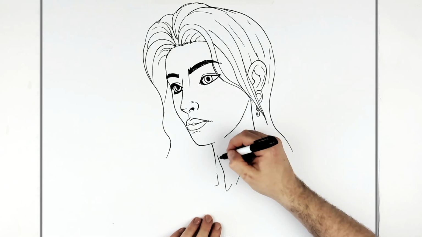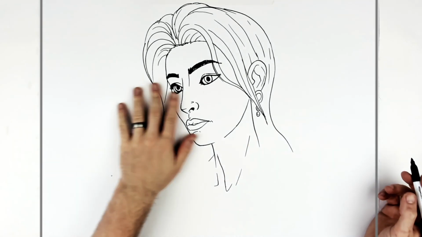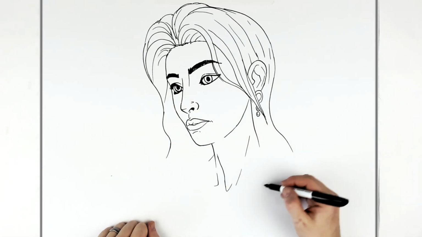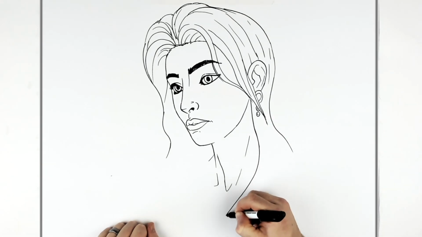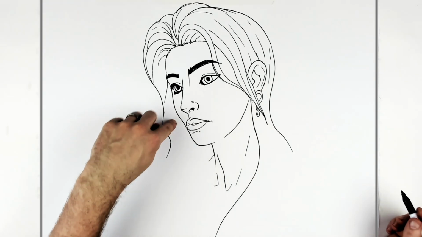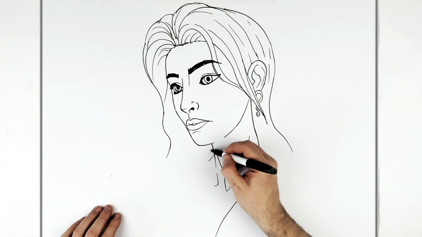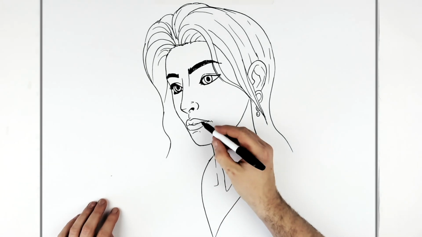So, a long, slender neck, like so. And then the suit jacket comes down that way. I'm not finishing the hair down here because it goes behind her shoulder, so I'll do her shoulders first. Right, and then the suit jacket just comes down, meets the center there.